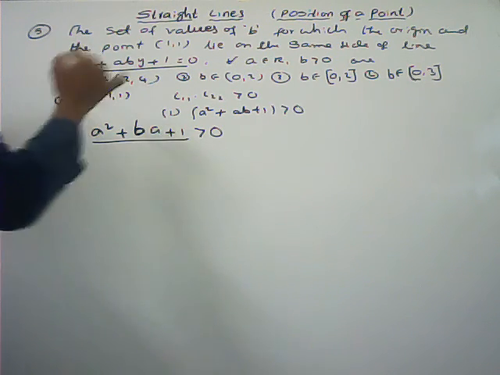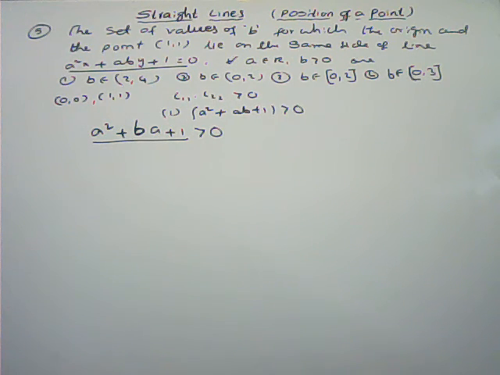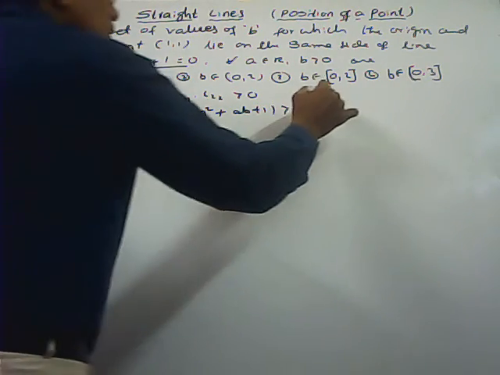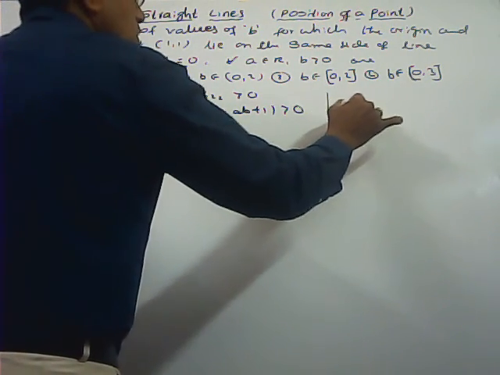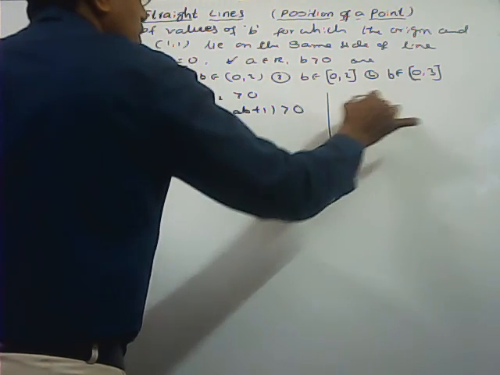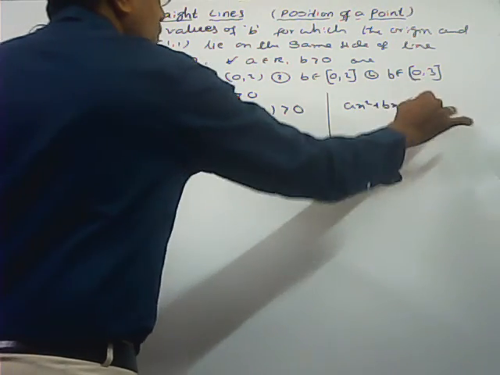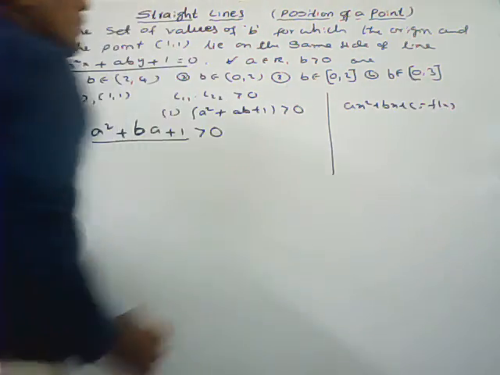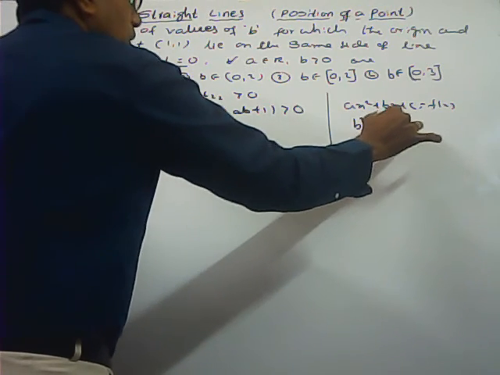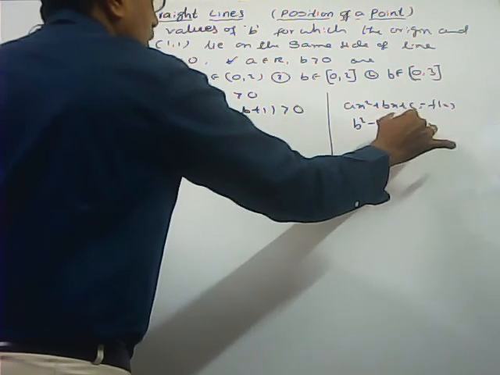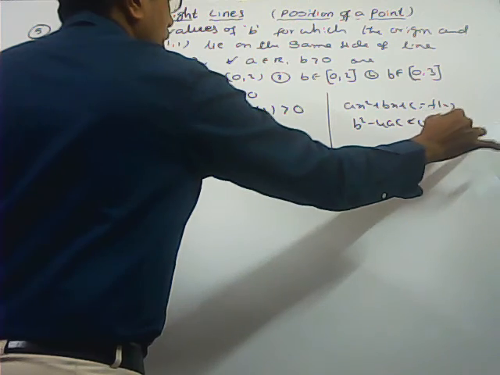This is a quadratic expression in terms of a. In quadratic equations, ax square plus bx plus c, this is f of x I am taking. Here delta, b square minus 4ac, is less than 0 and the x square coefficient is greater than 0.